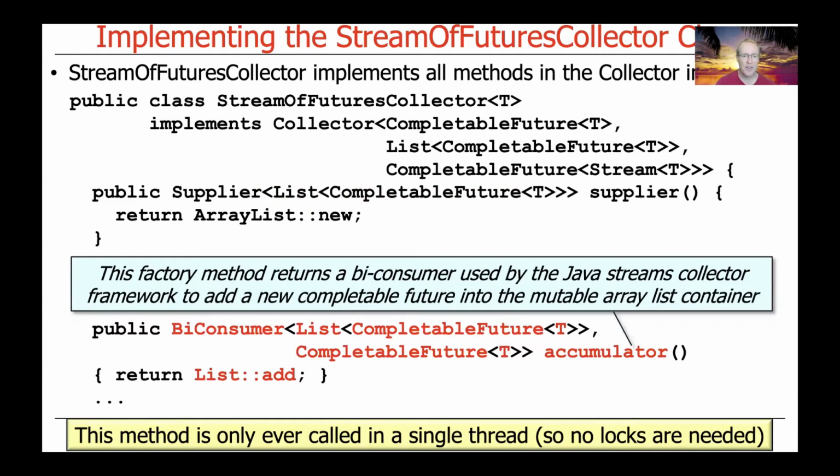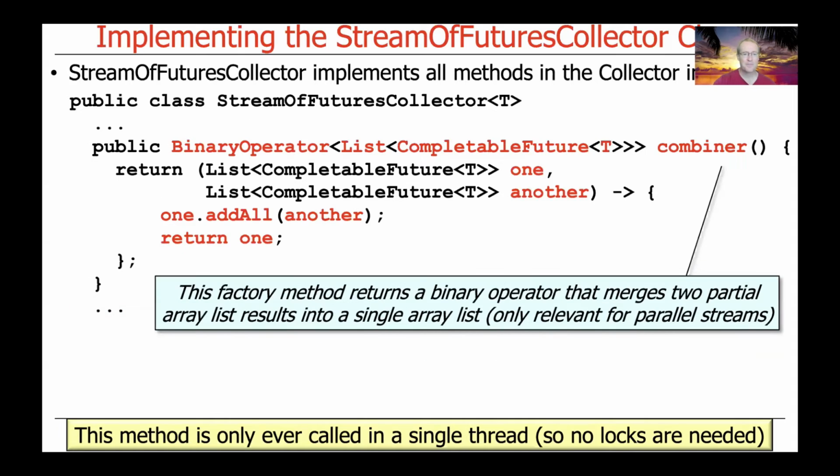The accumulator factory method will return the list add method reference, which is a BiConsumer that's going to be used to add an element of the type T into our mutable result container. Since this is all going to be used as part of a non-concurrent collector, we never have to worry about locks because it's only going to be called in one thread, so there's no issues with race conditions here.